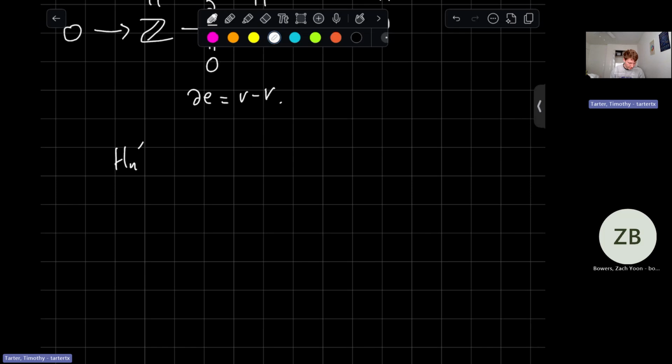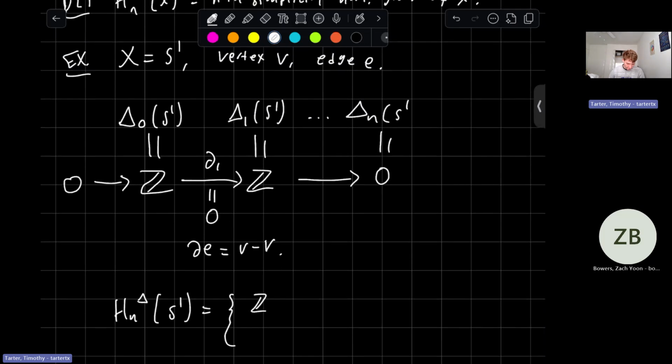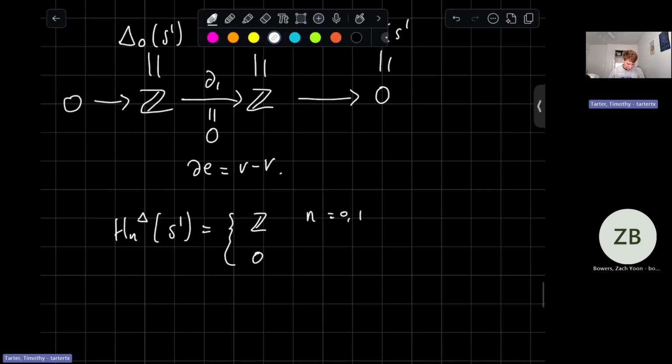And so the nth simplicial homology group of the circle is Z for n equals 0 or 1, and 0 for n greater than or equal to 2.